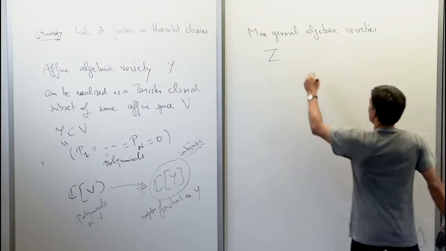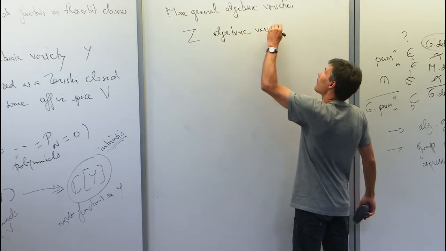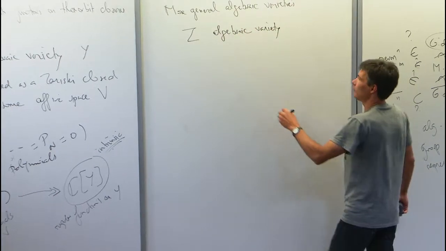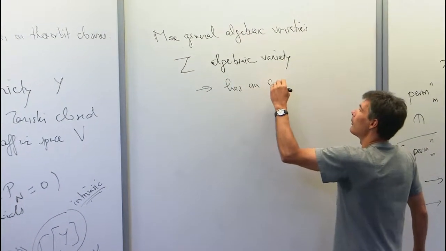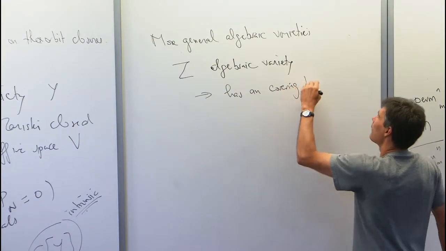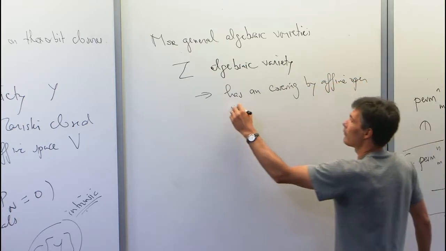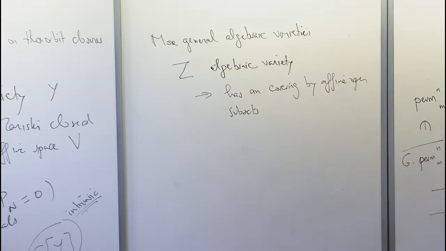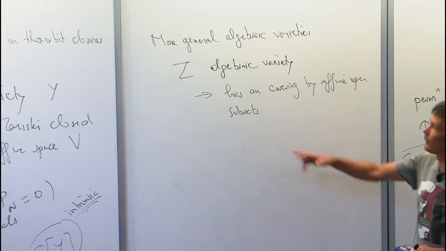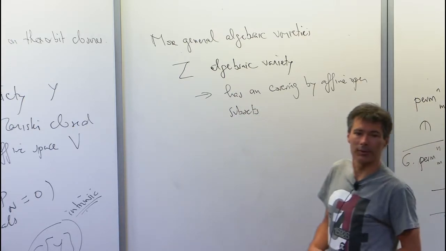An algebraic variety means that it has a covering by affine open subsets. And then you can define regular functions. They are just those functions on Z which are regular exactly in this meaning when you restrict to these open subsets.